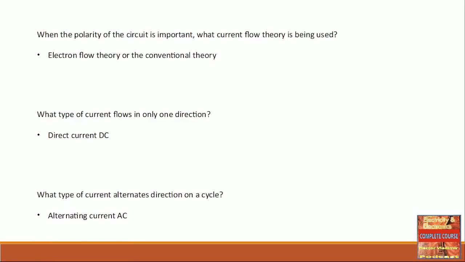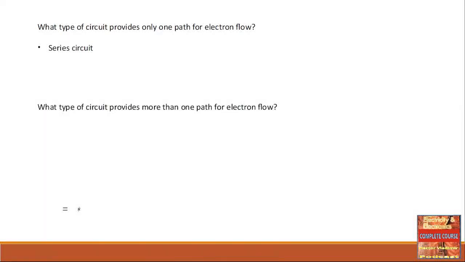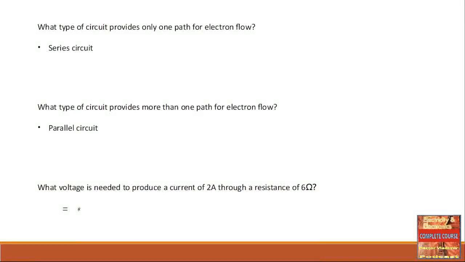Alternating current or AC. What type of circuit provides only one path for electron flow? A series circuit. What type of circuit provides more than one path for electron flow? A parallel circuit.